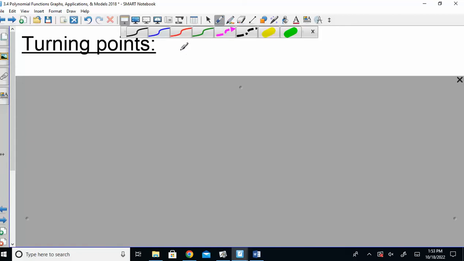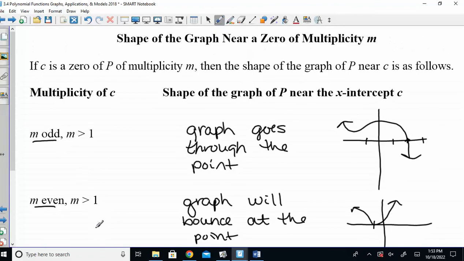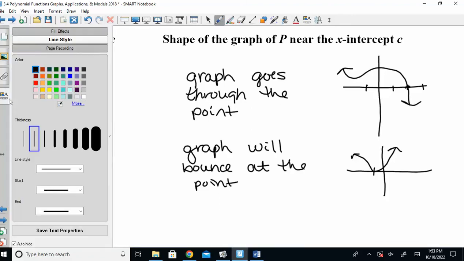So a turning point is where the graph changes direction. On the slides that I just had, when I talk about it changing direction, I mean it switches from increasing to decreasing.